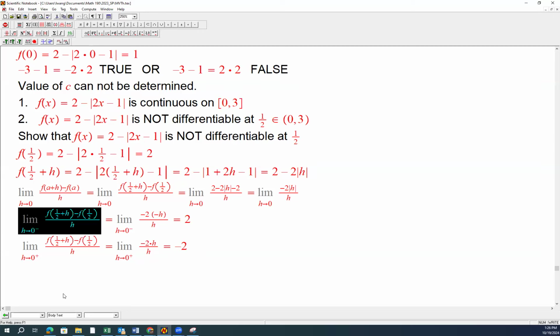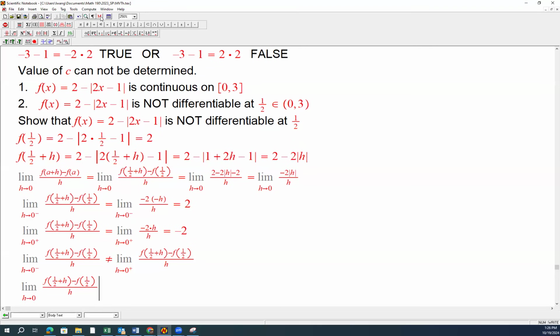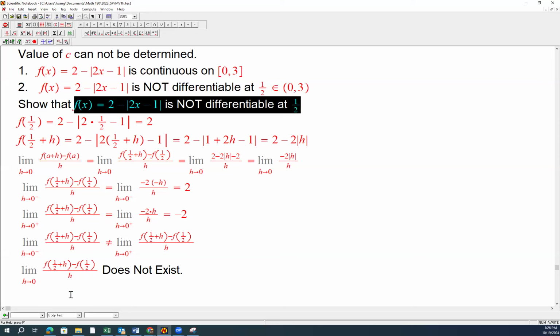The limit from left is not equal to the limit from right, and therefore this limit does not exist. Okay, so that has demonstrated that the function is not differentiable at half.